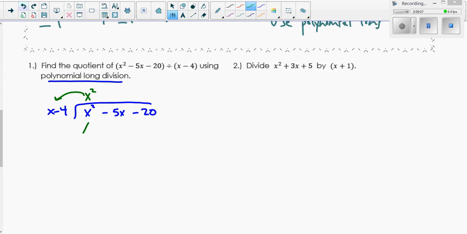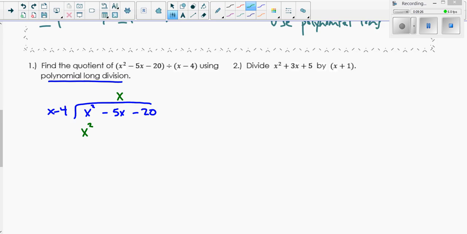So that's not going to work. Let me take that away. So let's say I go above this term, and because that's an x, I write a like term and make it an x. Well, now if I multiply, x times x gives me x squared, and notice those are identical, so when I subtract, they'll disappear, which is what I want.